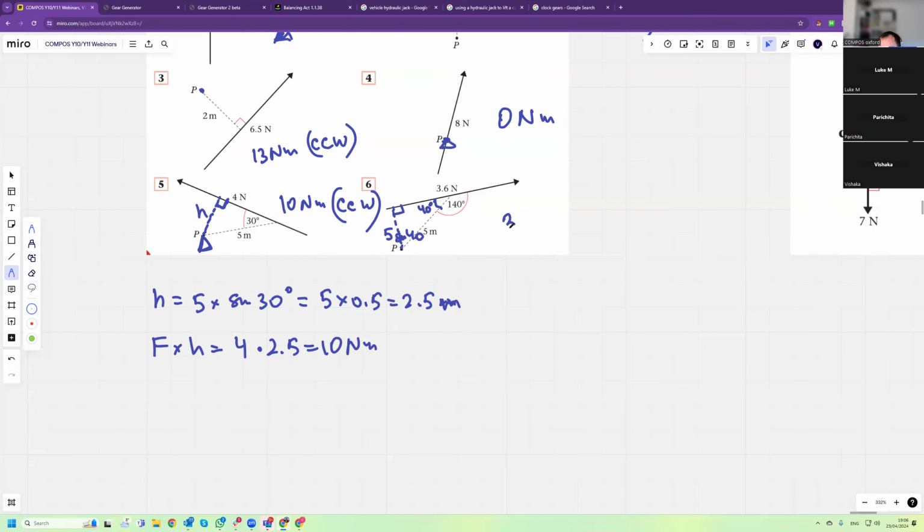So the moment is 3.6 multiplied by 5 sine 40 Newton meters. So that's 3.6 times 5, 18 times sine 40. This would be approximately 11.6 Newton meters clockwise.